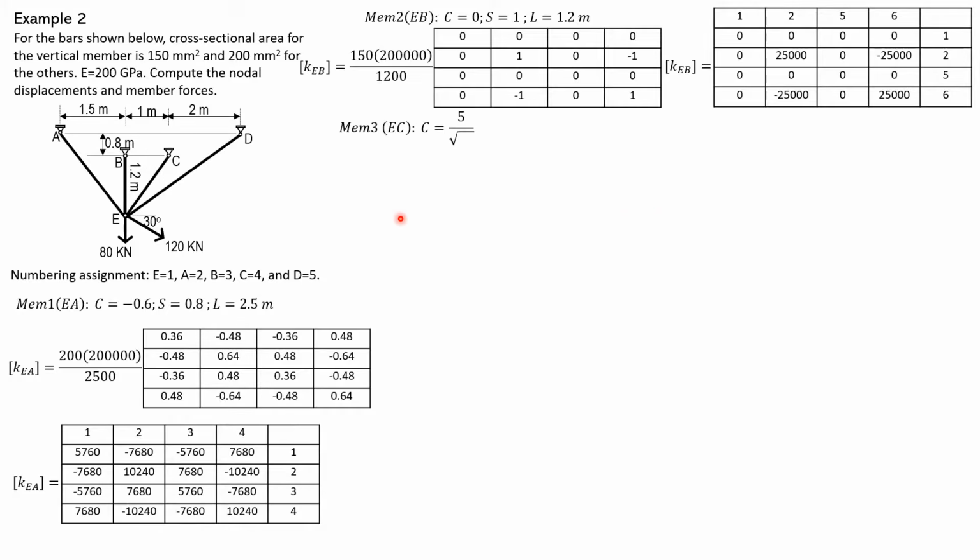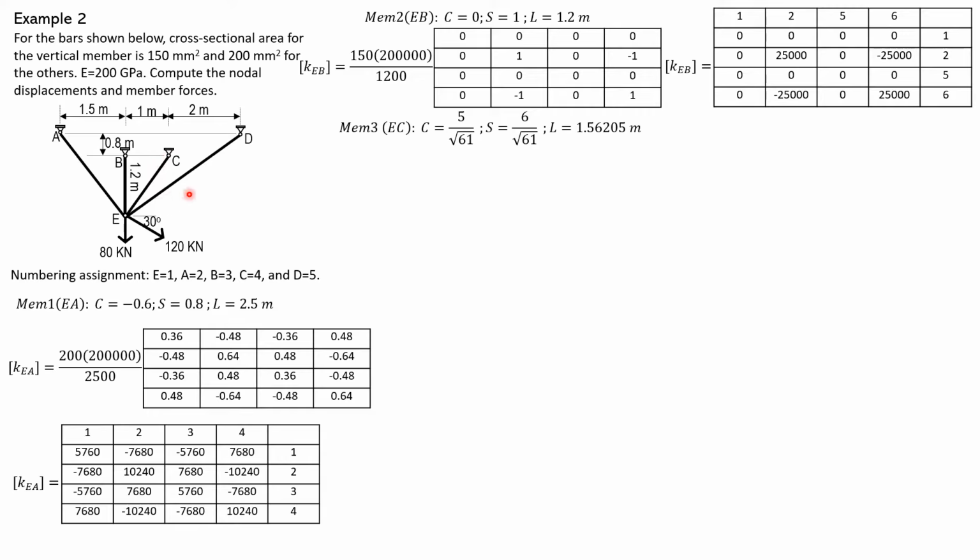For member EC, its cosine is positive because it is up to the right. So both cosine and sines are positive. The slope, by the way, is 1 to 1.2. We can change it to 5 horizontally, 6 vertically.